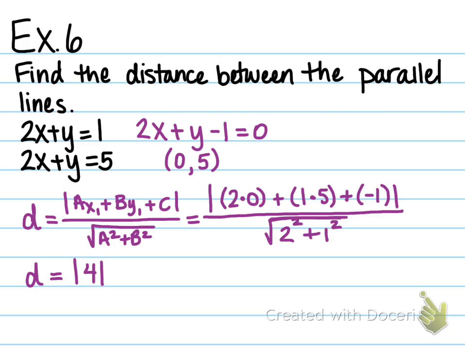So this is going to be the absolute value of 4 over the square root of 5, or just 4 over the square root of 5. When I type this into my calculator, this is approximately 1.79 units.